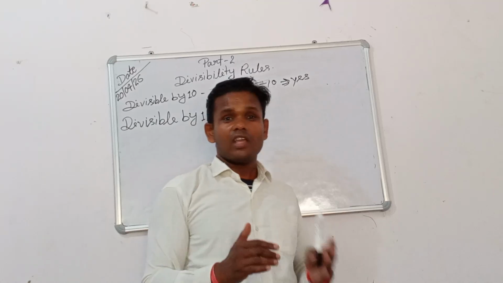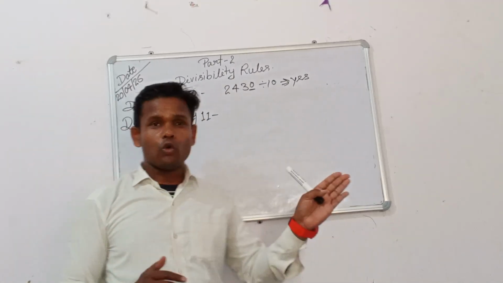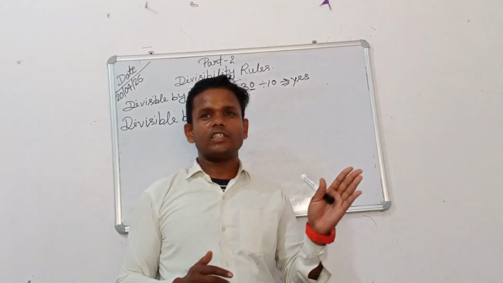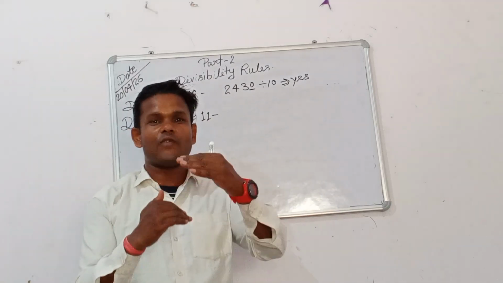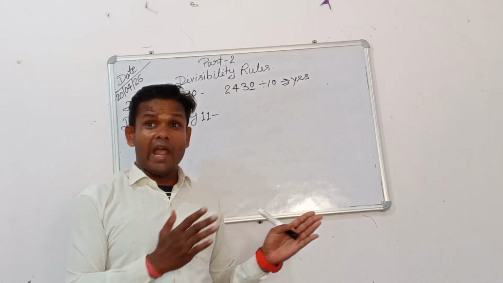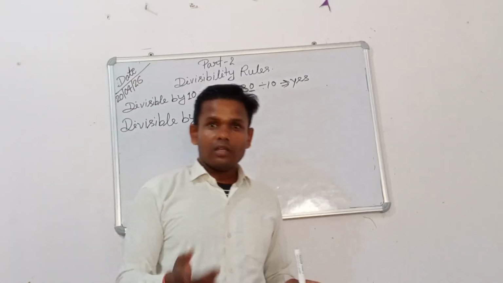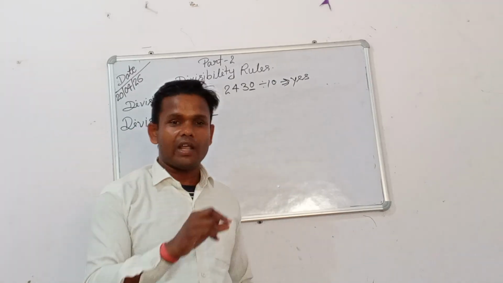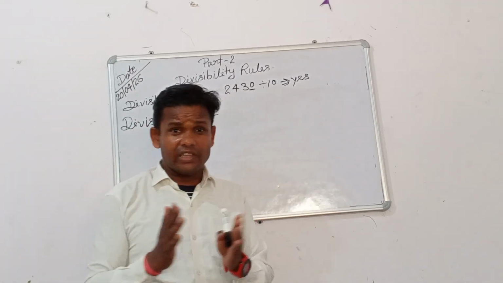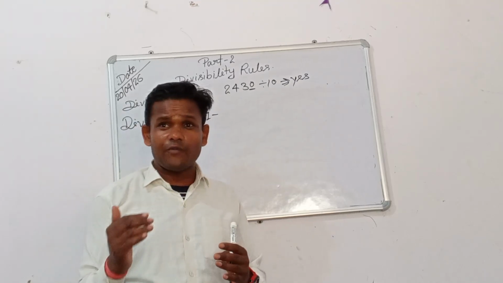In other words, going from left to right, we take the first number, the third number, the fifth number and so on, and then we take the second number, fourth number, sixth number, eighth number and so on, and add them and find the difference.